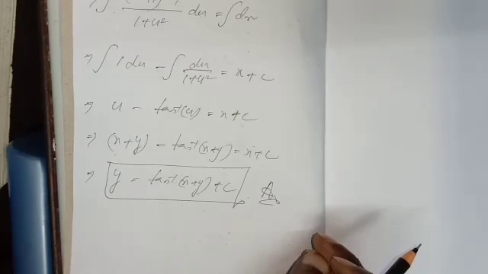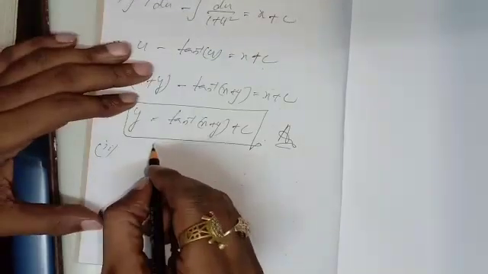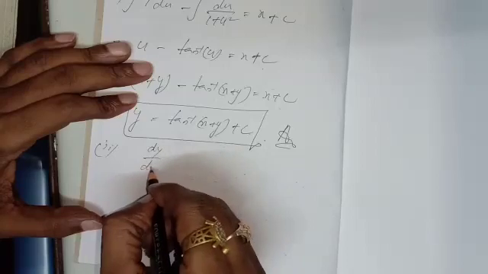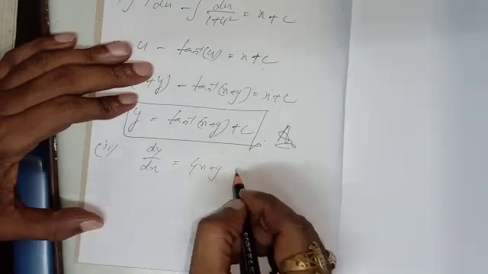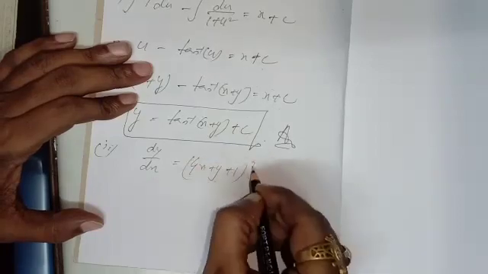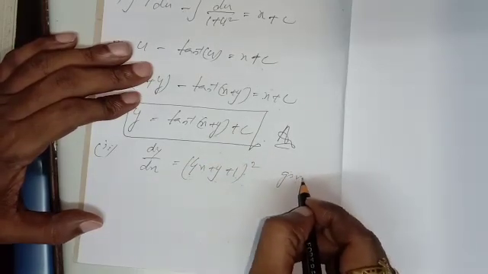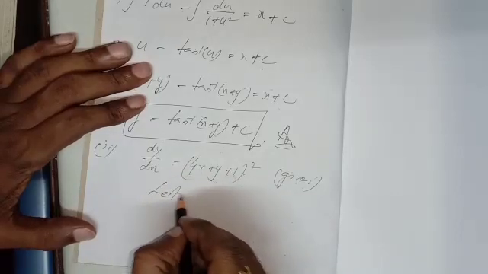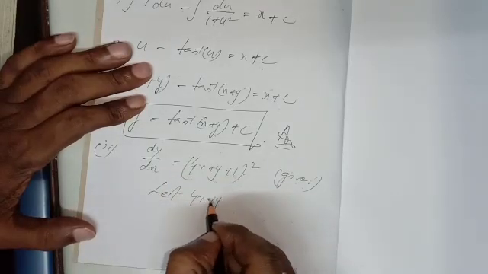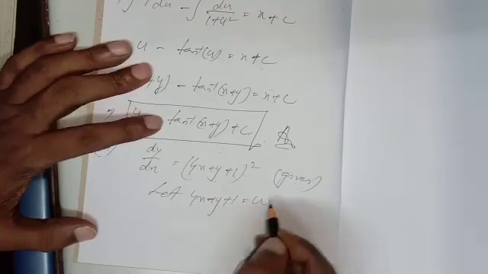Let us go to the second part of number 1. The second part question is given: dy by dx is equal to (4x plus y plus 1) whole square. You have to solve this differential equation. You have to substitute let 4x plus y plus 1 as u.